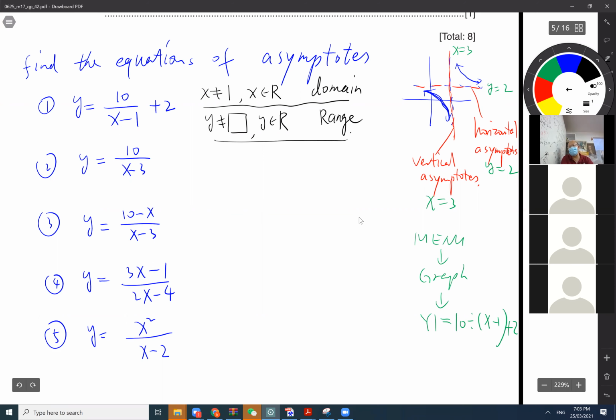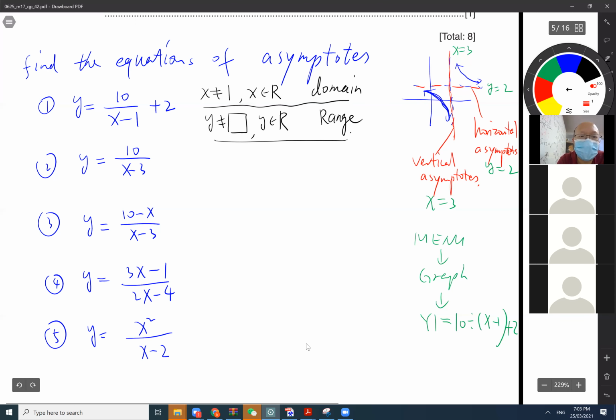y cannot be some value. y cannot be what value? y cannot be 0, really? Let's have a look.